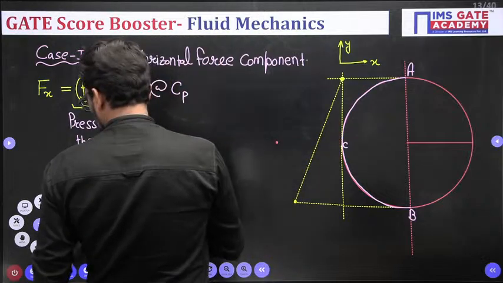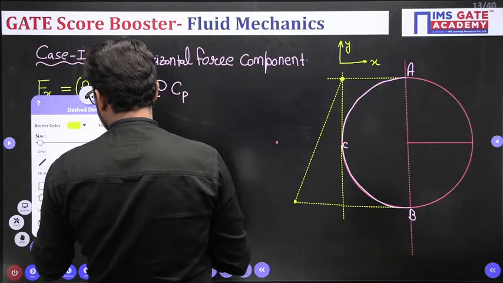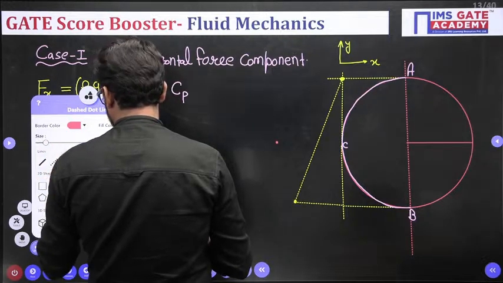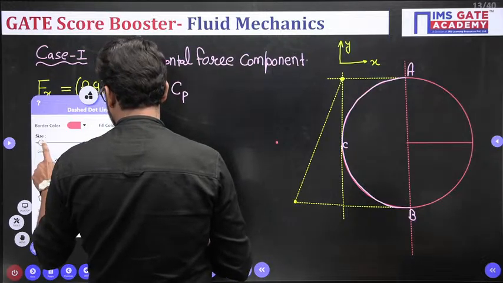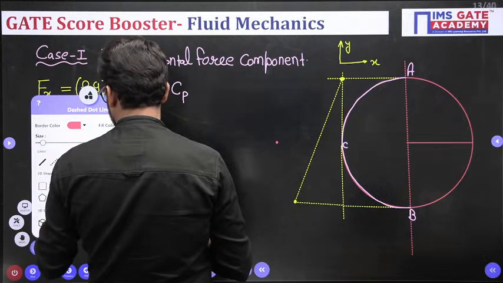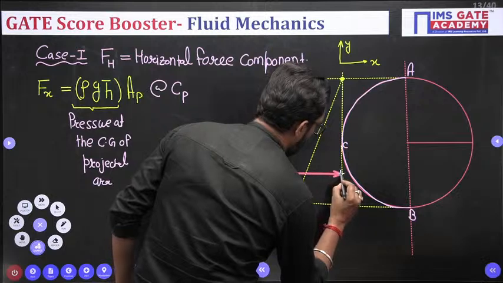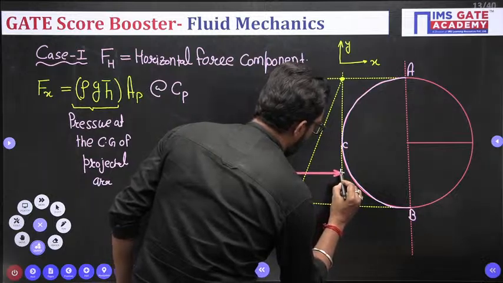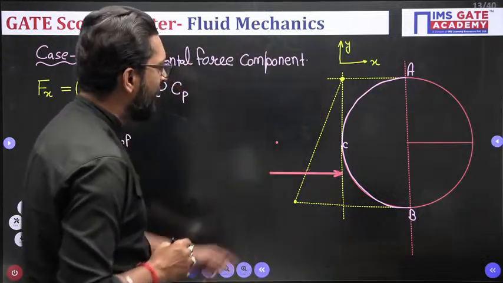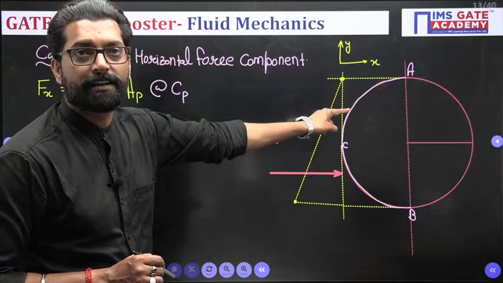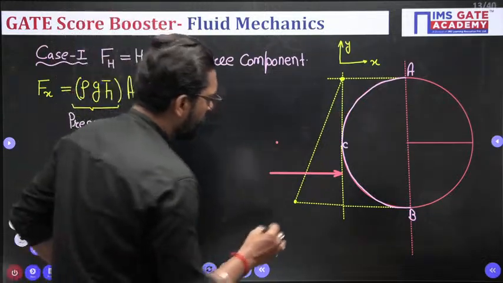That means it will act at this portion, at the CG of the pressure prism, the CG of the pressure triangle.